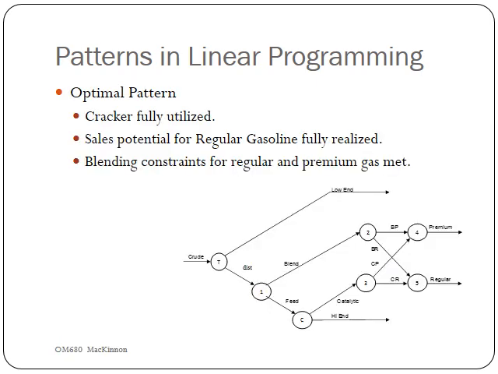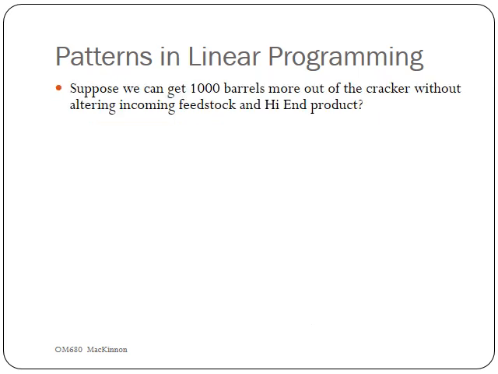Well, let's take a look at the optimal pattern. The cracker is fully utilized. The sales potential for regular gasoline is fully realized. And the blending constraints for regular and premium gas are met. That is our optimal pattern. Now, suppose we can get 1,000 barrels more out of the cracker without altering the incoming feedstock and high-end product.